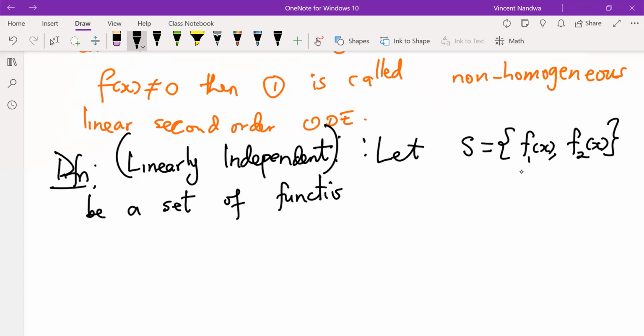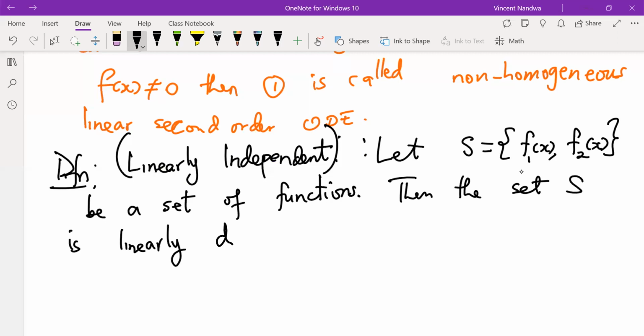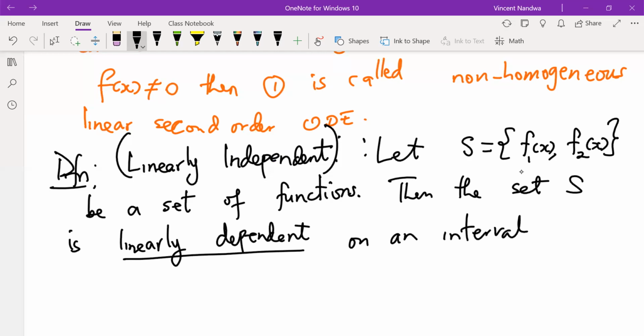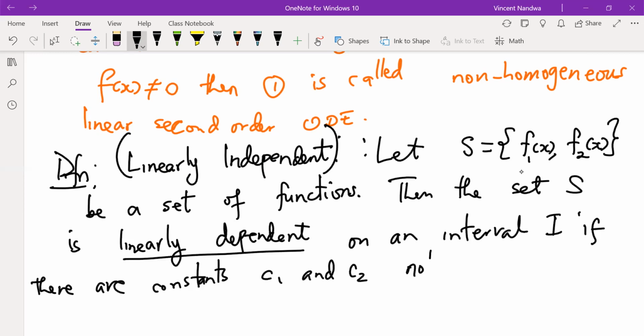Then the set S is linearly dependent on an interval I if there exist two constants, C1 and C2, not both zero.